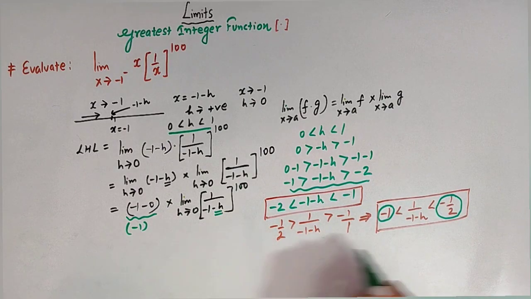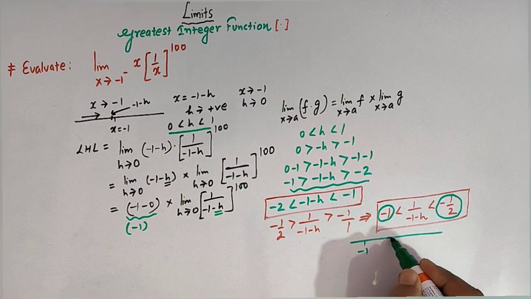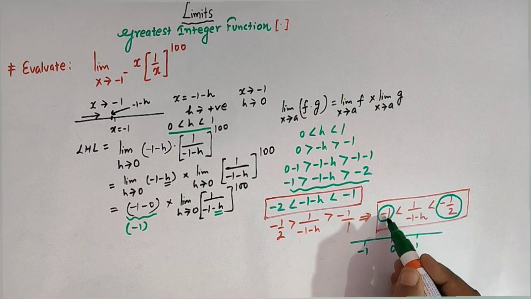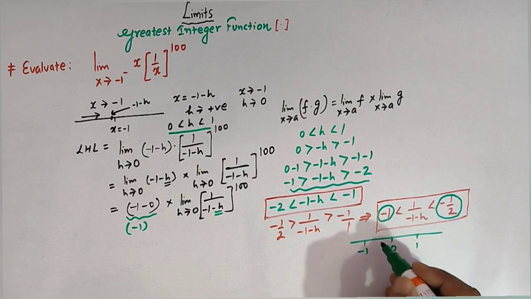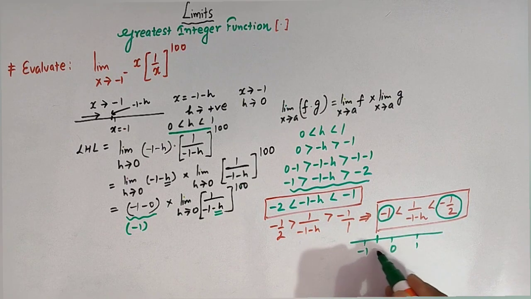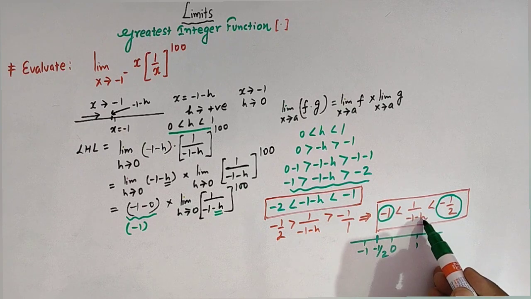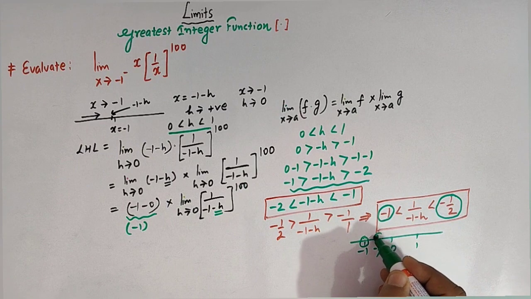On the number line, here we have minus 1, here we have 0, here we have 1. Minus half lies somewhere between minus 1 and 0, and 1 over minus 1 minus h lies between these two numbers.